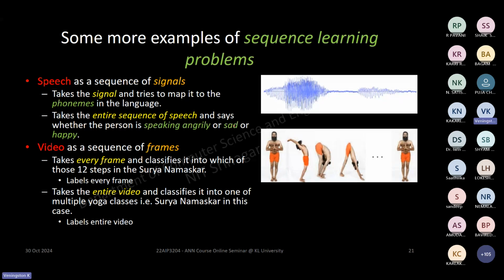So that's why we care about this nature of problem, and we wanted to think about another family of neural network that would have the capability to read and understand the sequence and then predict the output accordingly.